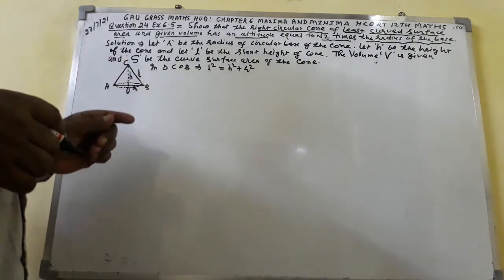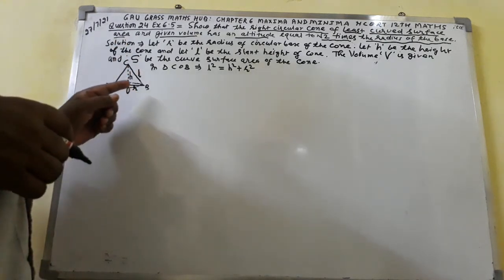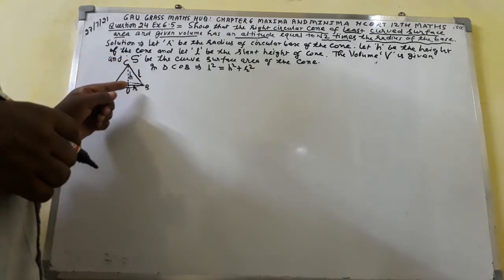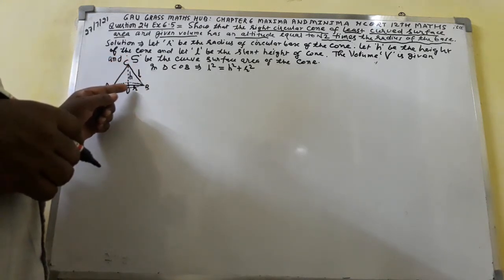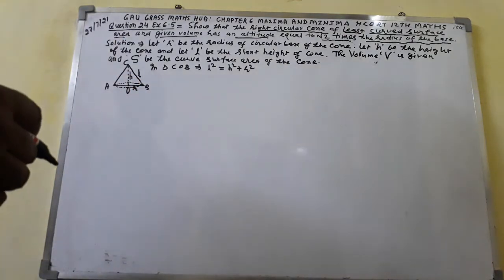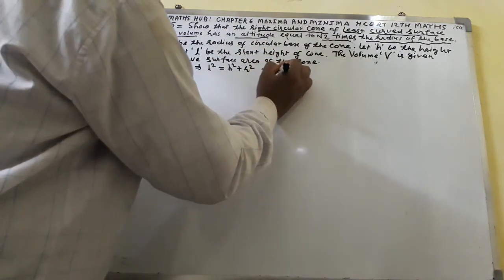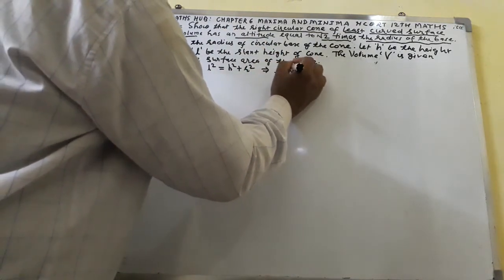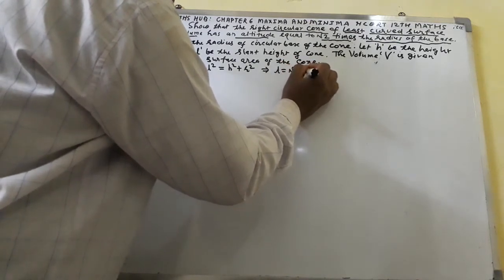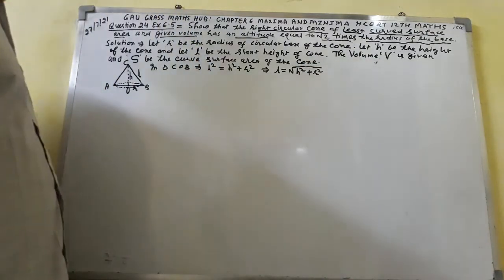Slant height whole square equals height of the cone whole square plus radius whole square. This is the formula you must remember. So you will get small l equal to under root h square plus r square.